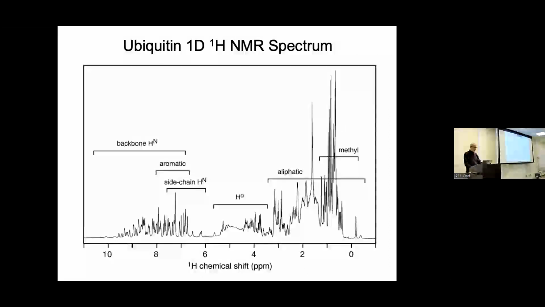So again, here's the spectrum of ubiquitin, and now we know that the dispersion is caused by the chemical shift tensors, shifting the frequencies away from the Larmor frequency.